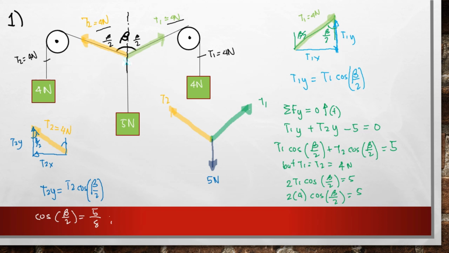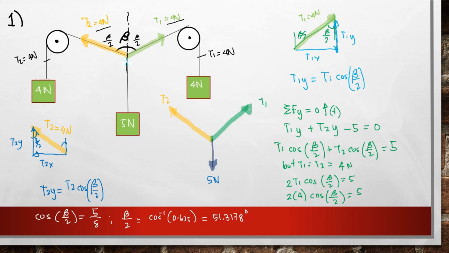So this will be beta over 2 is equal to the arc cosine of 0.625. And what is the arc cosine of that? 51.317. So beta over 2 is equal to 51.3178 degrees.